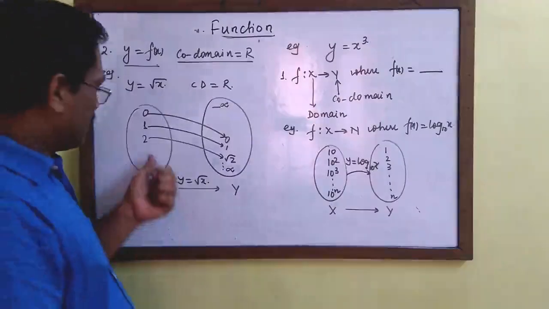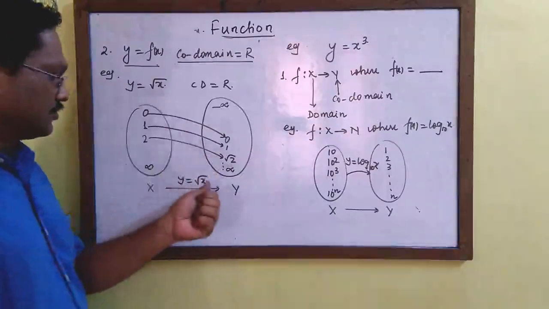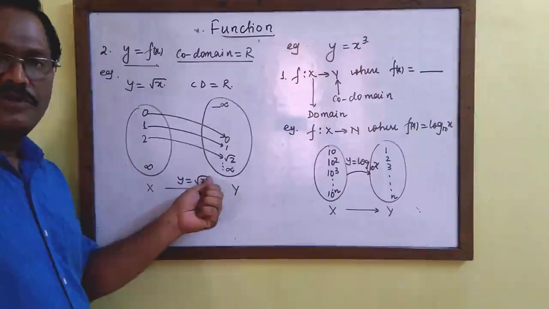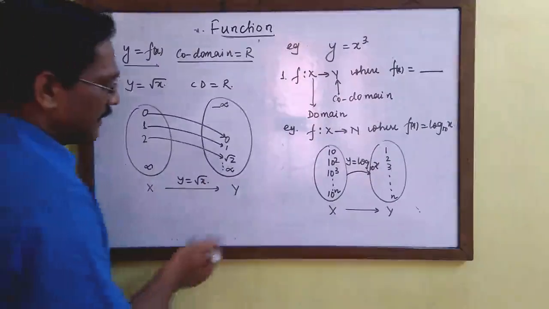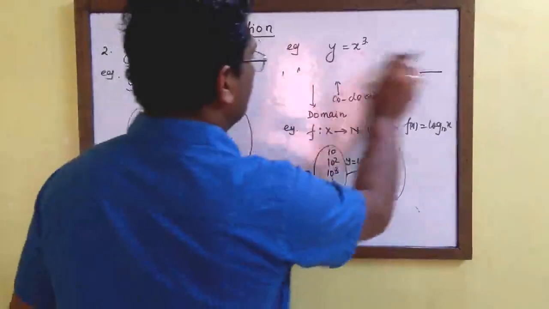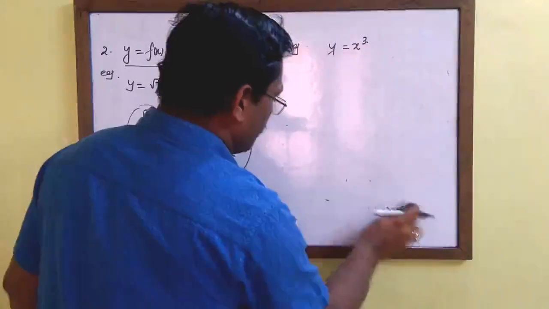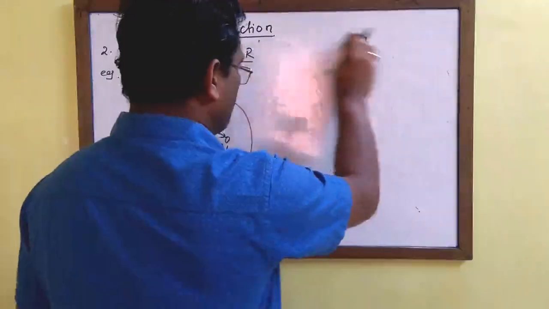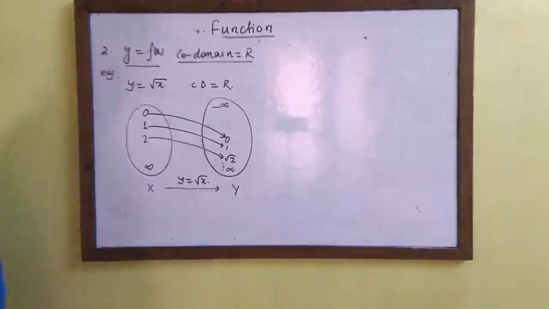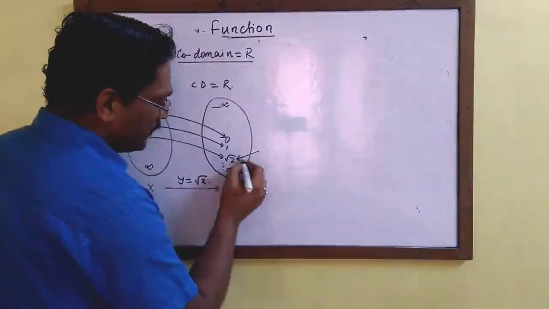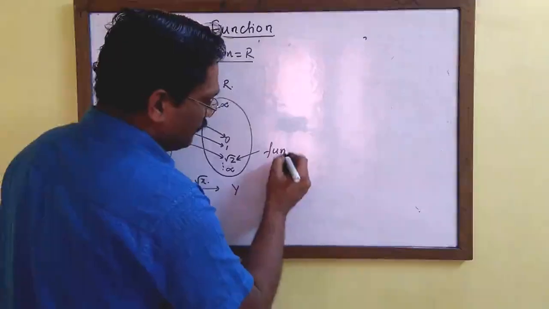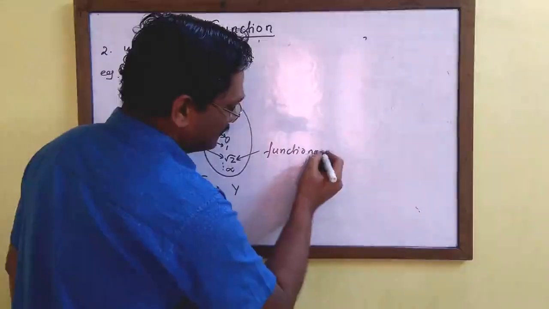I am getting these elements by putting these values in the functional equation. So these elements will be called functional images. So the input we are providing, that is domain, and the output which we are getting, they are called functional images.